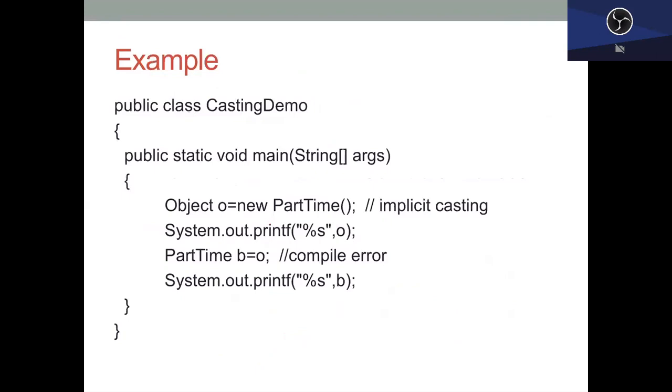Here I have an example. I have O as an Object type, and I'm assigning it an object of type PartTime. When I print O, it will print PartTime because this is implicit casting. But when I try PartTime B = O, O is not of type PartTime, so when I try to do this, it will give me a type cast exception.